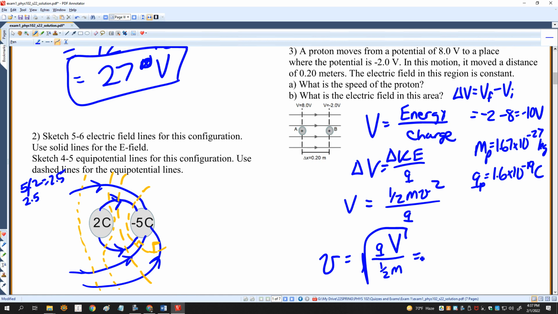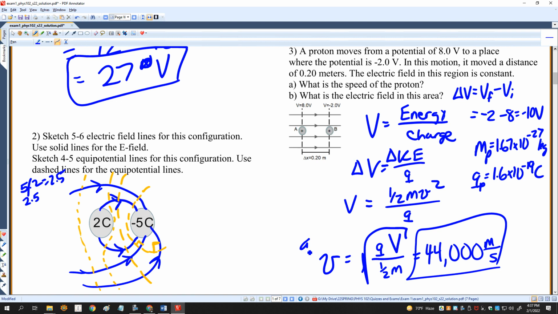Square root it. I get 44,000 meters per second. All right, so that is the answer for that, that v is equal to 44,000.